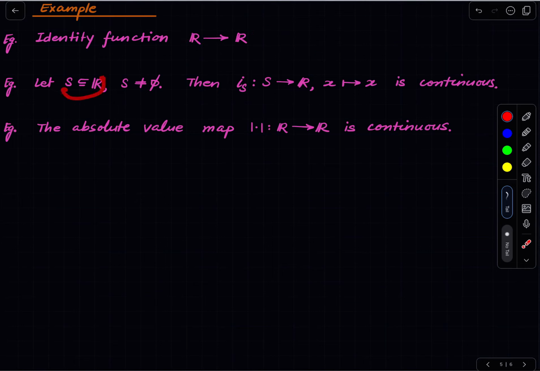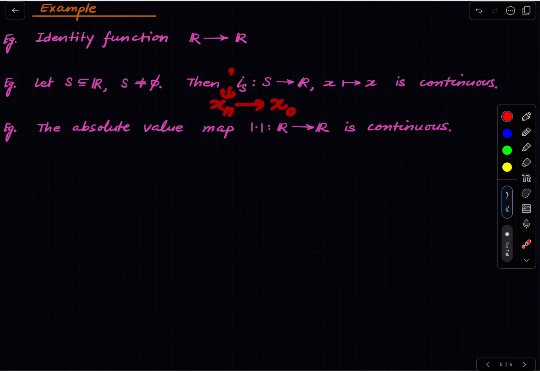The second is that we fix any non-empty subset S of the reals. Then this inclusion map which takes a point x to x, this is called the inclusion map. This is also continuous. And again, how do you show this? Fix a point x0 in the domain. Choose a sequence xn in the set S converging to x0.